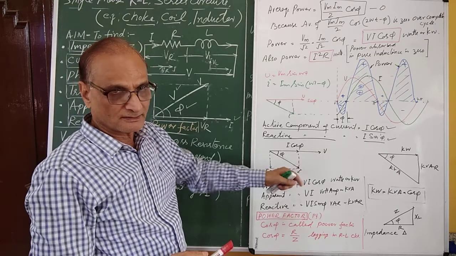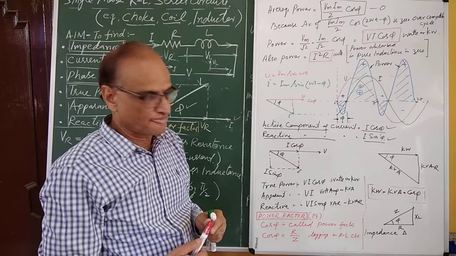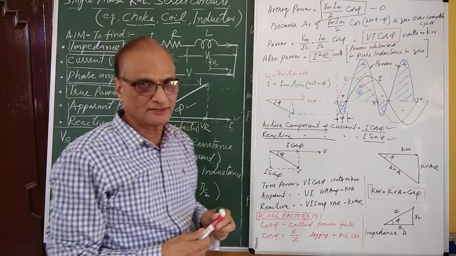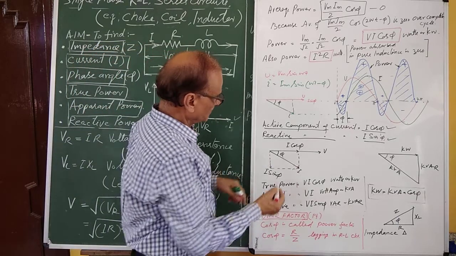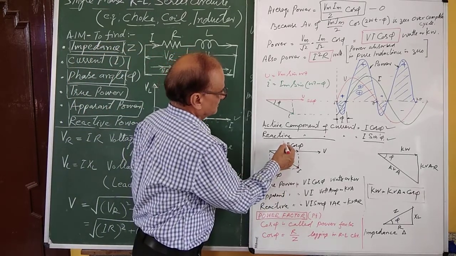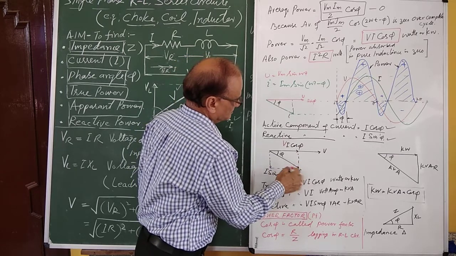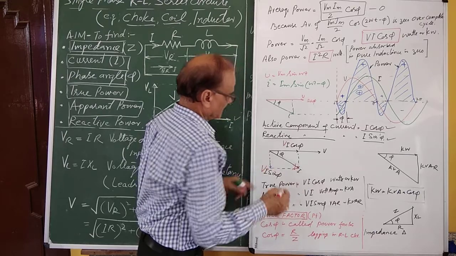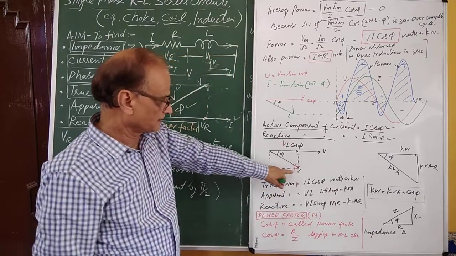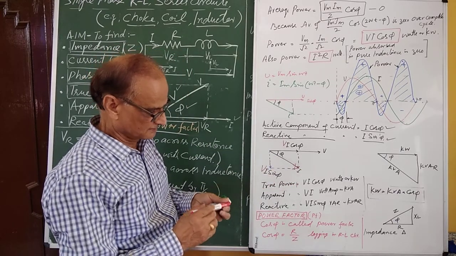Now we will draw the power triangle, or we will calculate the power. If you multiply these quantities, the active component and reactive component of I, by voltage, we will get three powers.